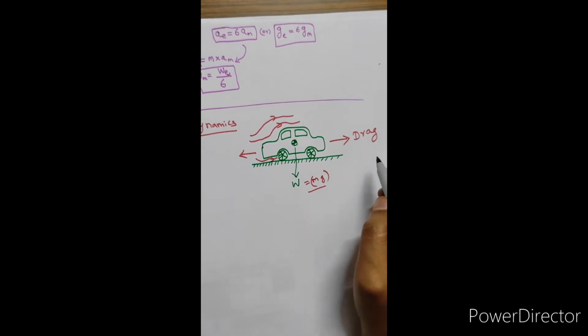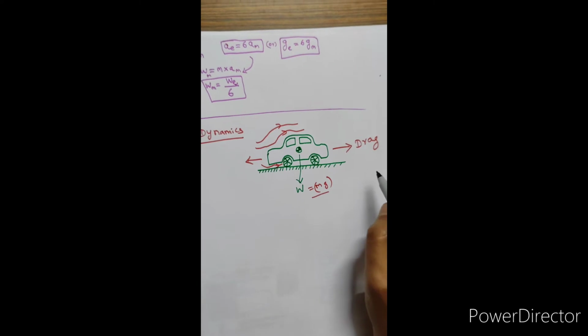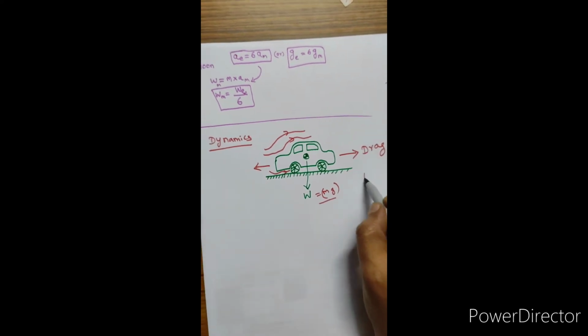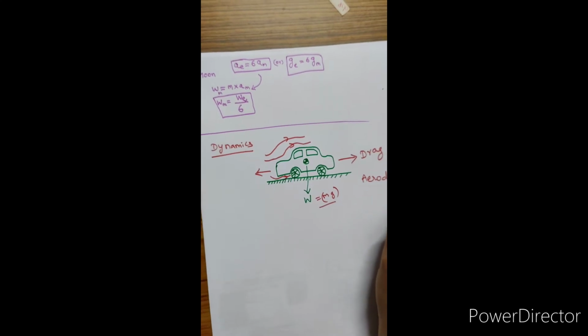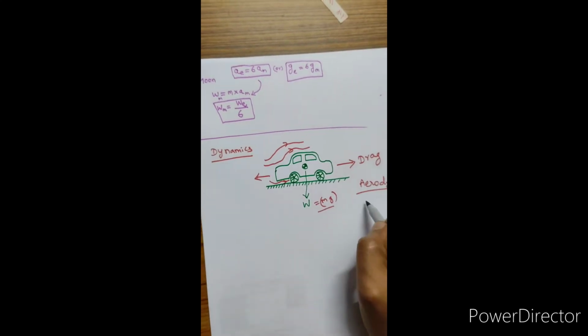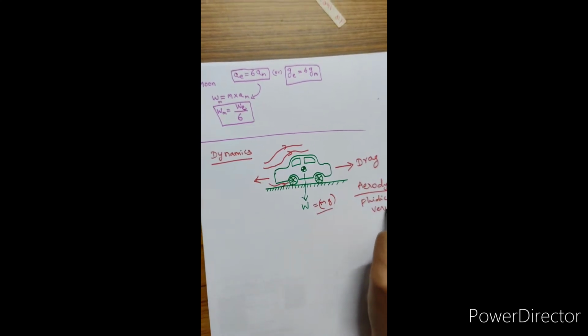Nowadays in the automobile industries and aeronautical industries, if we talk about vehicle designs, they will say aerodynamically designed vehicle, or they call it fluidic design. We have a fluidic car, Verna, in Hyundai.